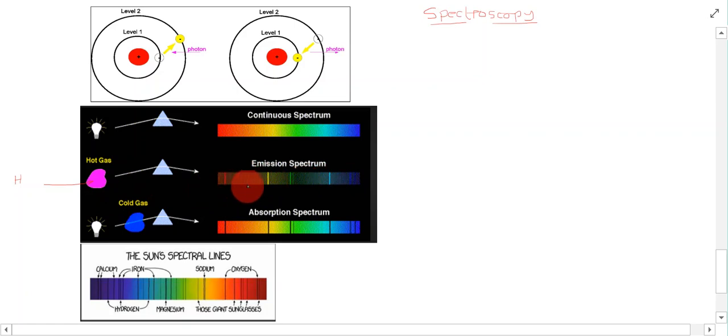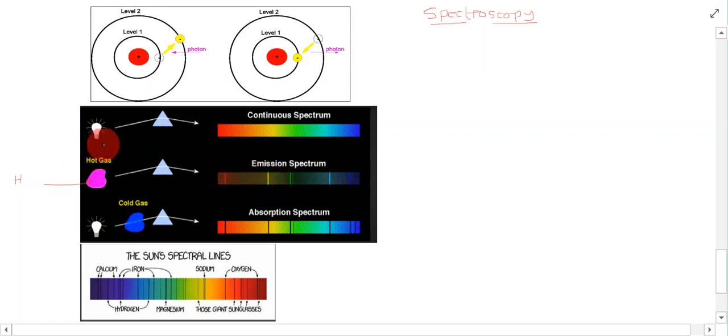This is what's known as an emission spectrum, because the atoms are emitting particular colors of light because they've been heated up or excited, given an amount of energy. That spectrum can tell you the types of elements present within that gas, because they give very specific bands like this.